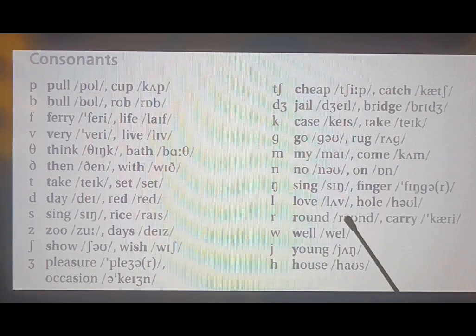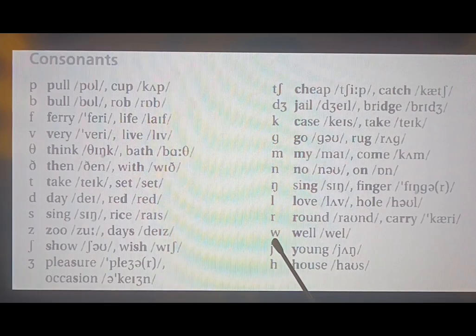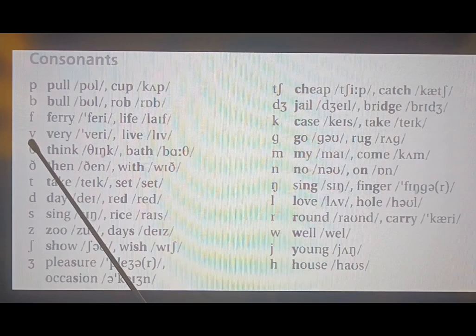R sound like round, carry. This is w sound, well. Well, some languages don't have this sound, all right? Like German, for example, or like Persian. But English has both this w sound and this v sound. This actually is articulated by the touch of your upper front teeth on your lower lip.